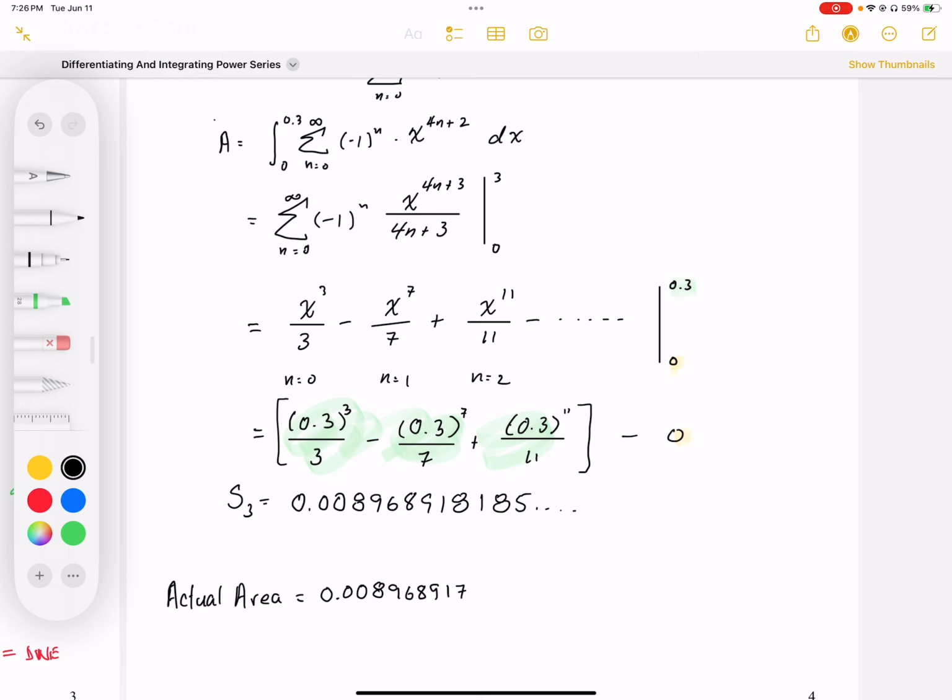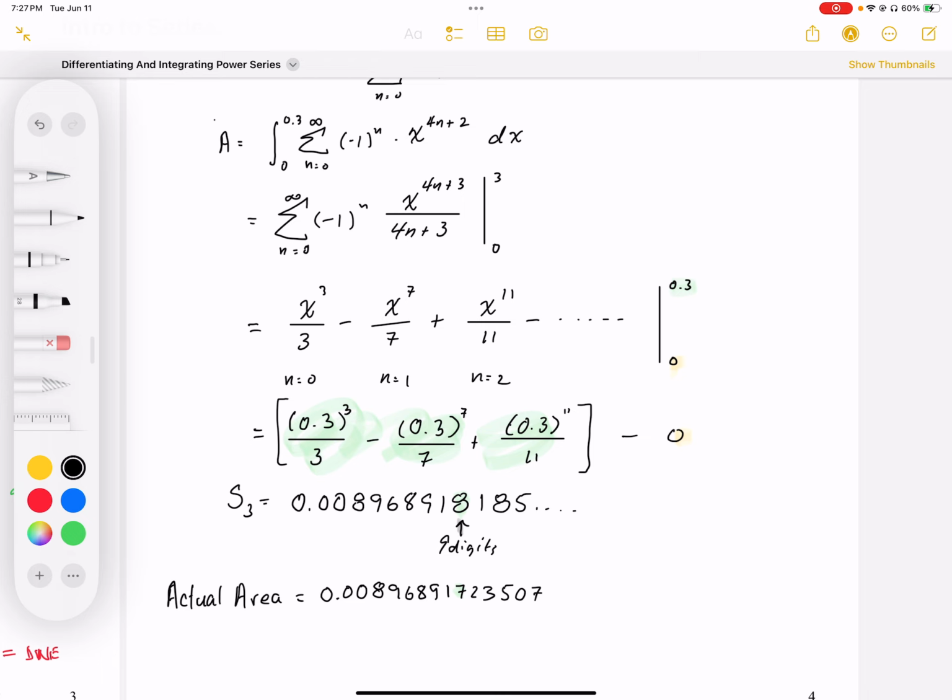Okay, so where it diverges is this term here. So that is 1, 2, 3, 4, 5, 6, 7, 8, 9 places, 9 decimal places. Okay, so we have 8 decimal places of accuracy for this function after only 3 terms. So 3 terms will give me that much accuracy.